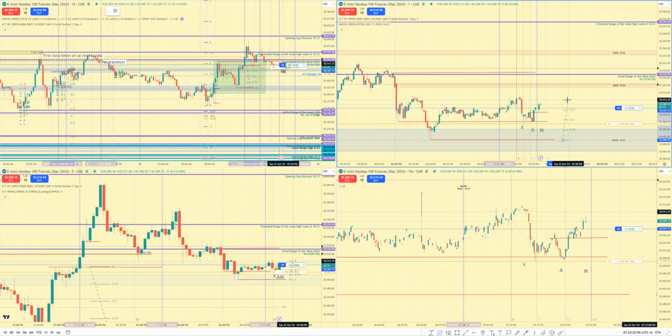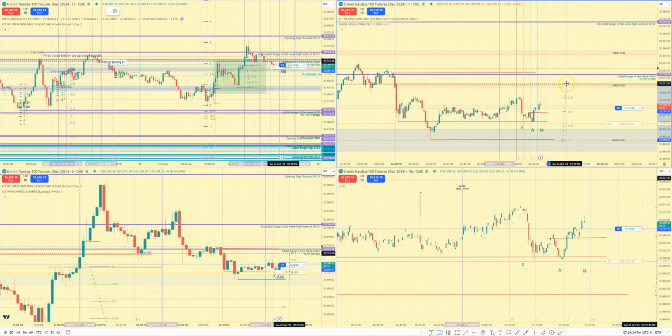I have to decide if it's going to be actual range or, yeah, because if I do actual range, it's already at the 50%. In fact, the entry was above the 50% of this actual day's range right now.